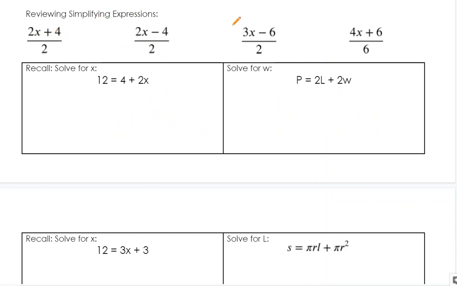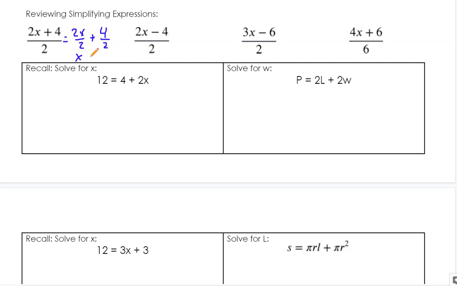All right, so these I could simplify. I can simplify these because these are being divided and there's a number in front of my x, but there's a coefficient, right? So if I was doing this, it's the same thing as 2x divided by 2 plus 4 divided by 2. Well, 2x divided by 2. 2 divided by 2 would give me 1, so I have 1x.